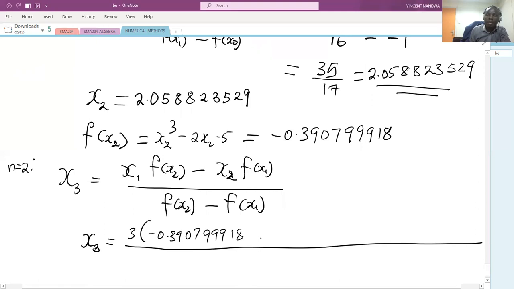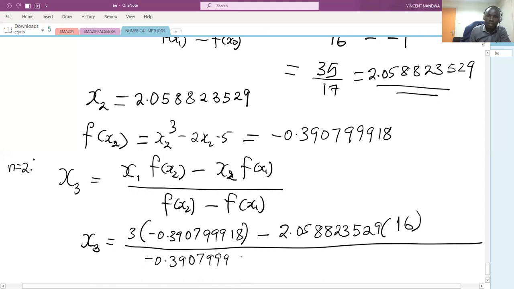0.39079918 minus x2 from our calculation is 2.058823529. F of x1, we got the answer to be 16. So we'll have minus 0.39079918 minus 16, so just 16.